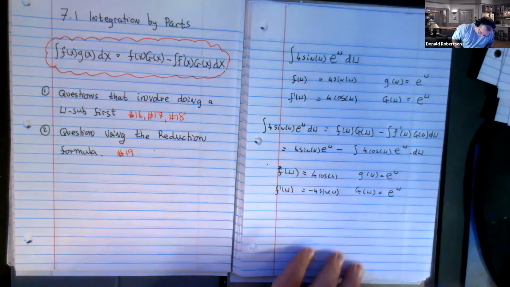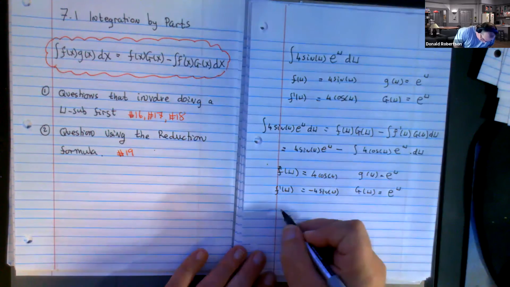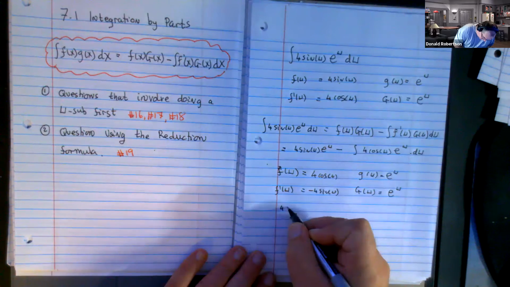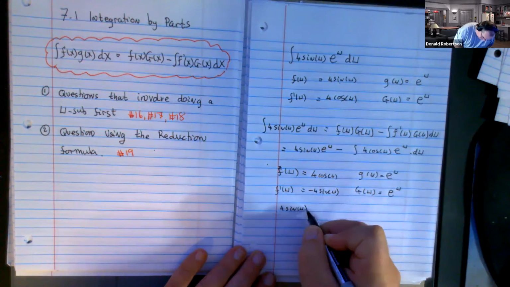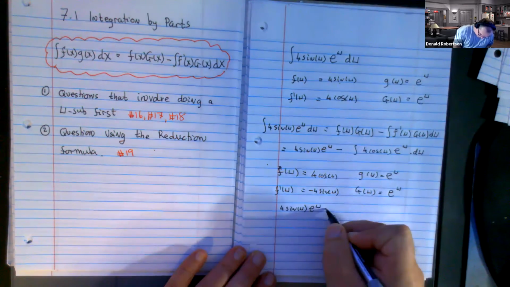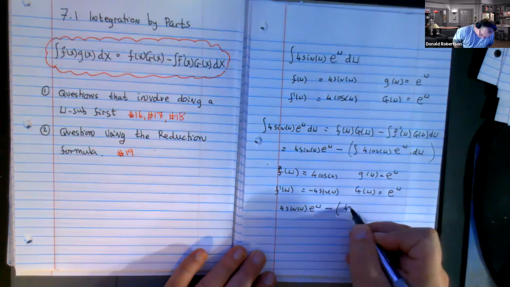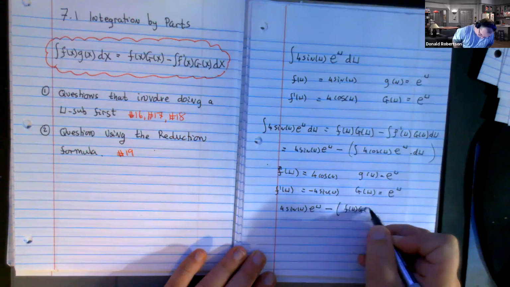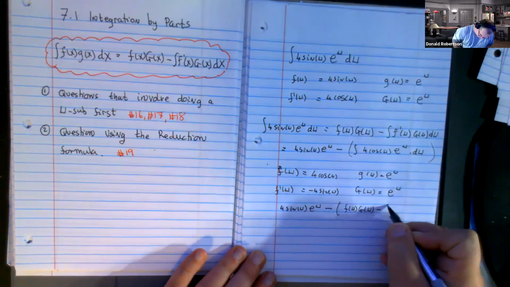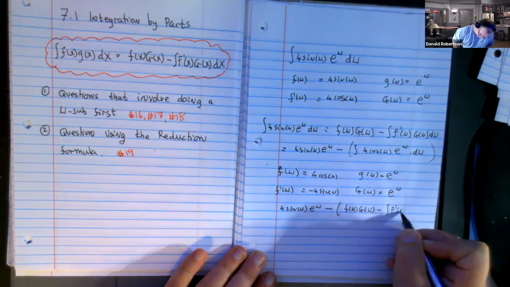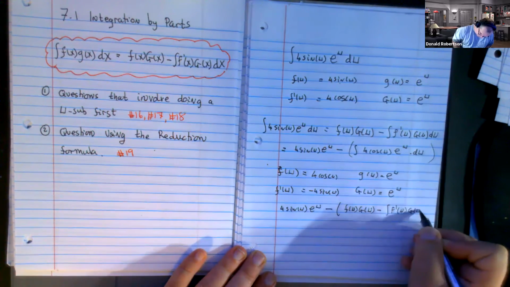So what's our answer going to look like? It's going to be 4 sine u e to the u, take away this guy. Take away f of u, capital G, minus the integral f dashed of u, capital G, du.